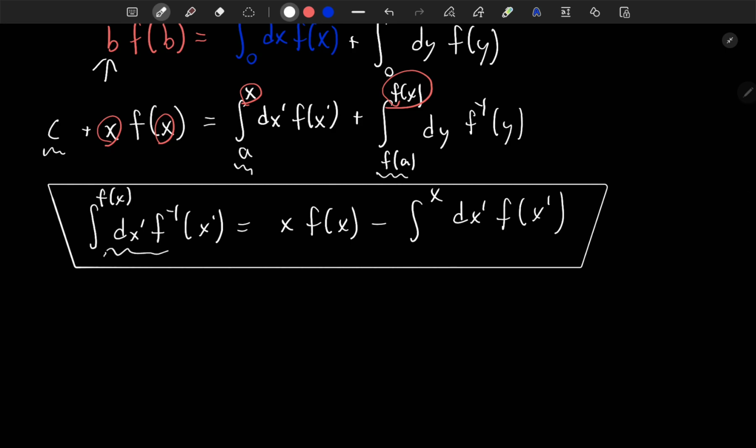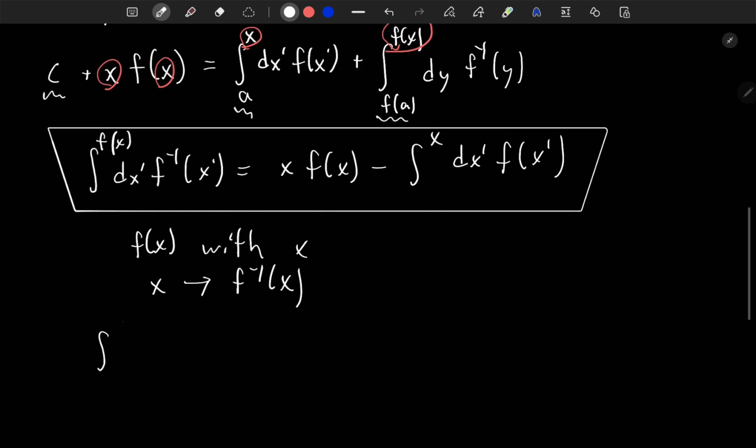We usually don't like integrals of something to be with respect to a function of that. We just want the independent variable itself. So we're just going to trade f of x with x, and then we're going to trade x to f inverse of x.